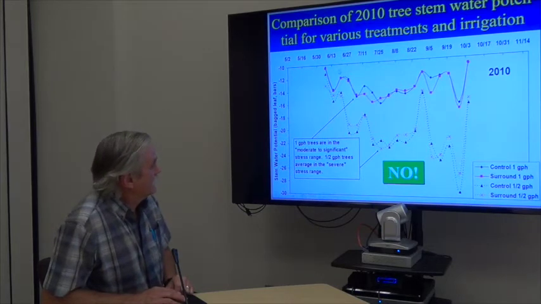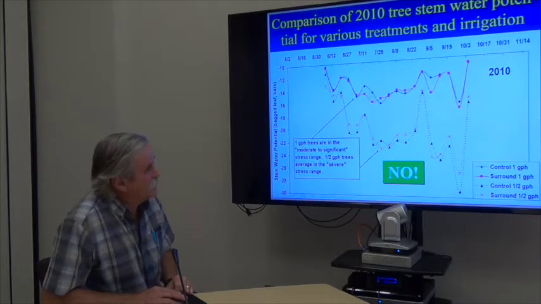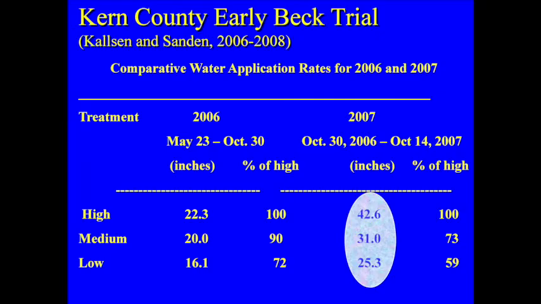And if you look at this stem water potential, measure of stress, it's exactly the same for the Surround versus non-Surround, and it's only made different by putting on adequate water here versus the stress water here. So the magic snake oils that claim to reduce plant stress really don't work in my book. I've never yet seen one that does.